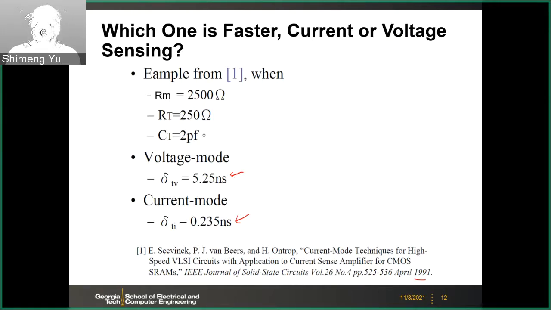But this gives you some qualitative understanding of the voltage mode and current mode. Generally, current mode will be faster in most cases. Of course, there are some cases where voltage mode may be faster, but in general, current mode could be faster.